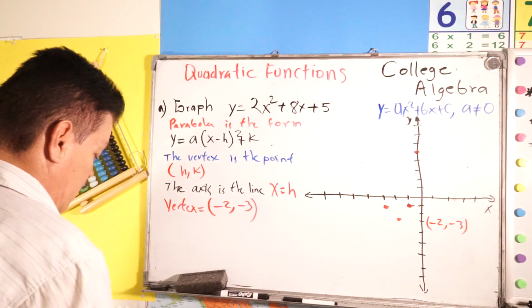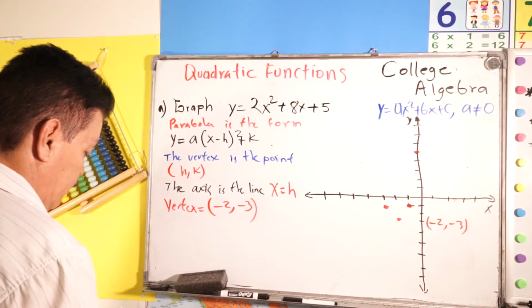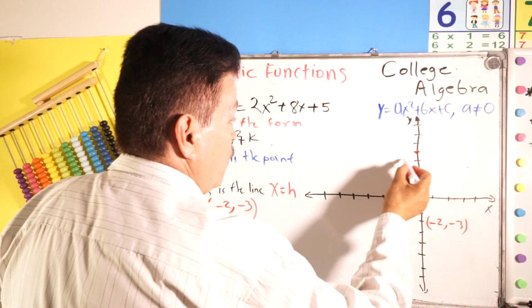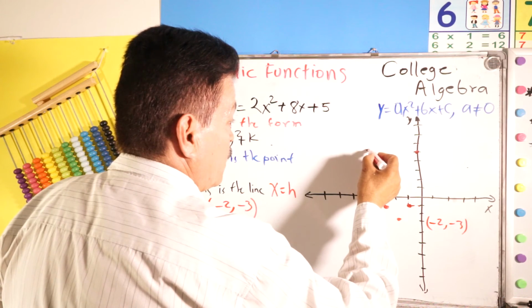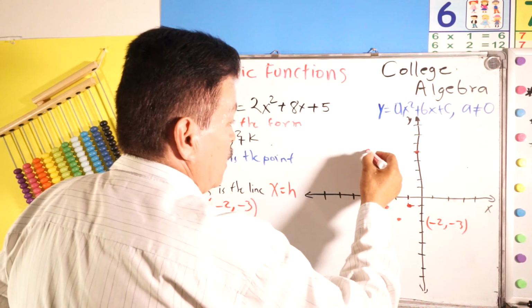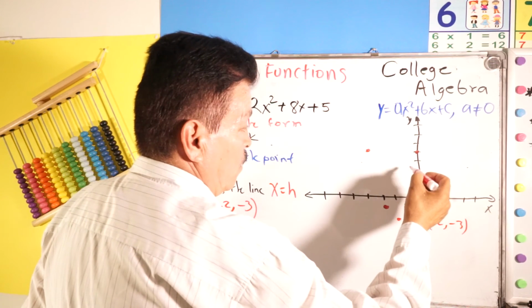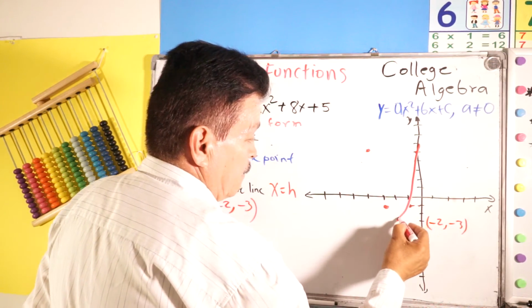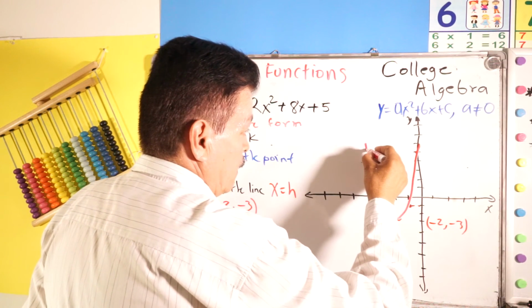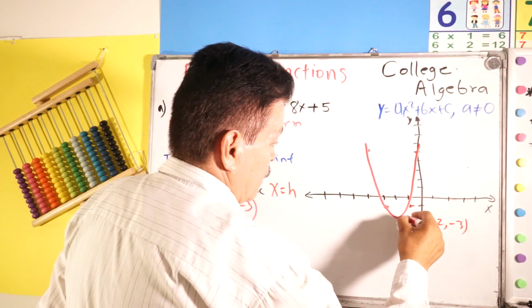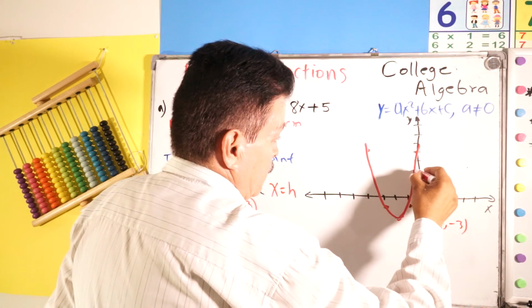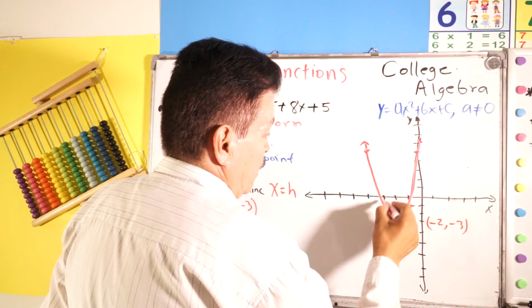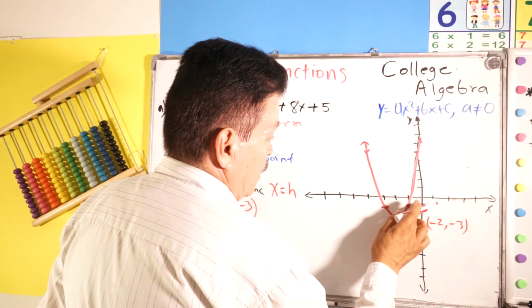Of course, this is going to be 5 too, right here. So right here is the other point. The graph looks like this. You have these points right here.